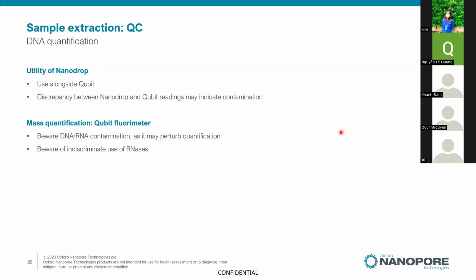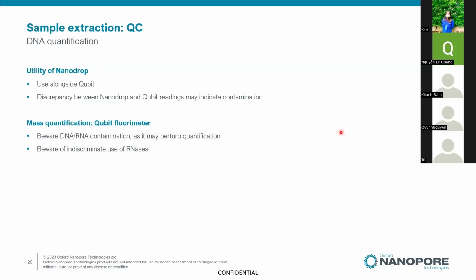So in sequencing, including nanopore sequencing, it's very important to use the NanoDrop reading together with the Qubit measurement for more accurate quantification. This is because NanoDrop readings can sometimes overestimate DNA concentration, especially if there are contaminants like RNA, phenols, or other chemicals that are left over or carried over from the extraction process.